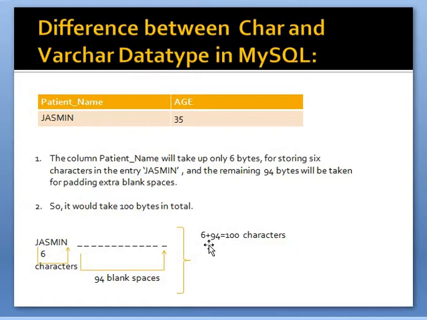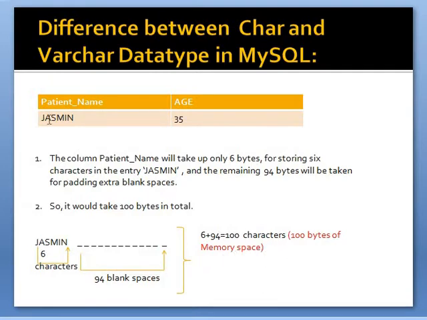So now we have 6 plus 94 equal to 100 characters, where 6 characters are coming from the word Jasmine and 94 characters are coming from these 94 blank spaces. So in total, 100 characters is going to occupy 100 bytes of memory space.